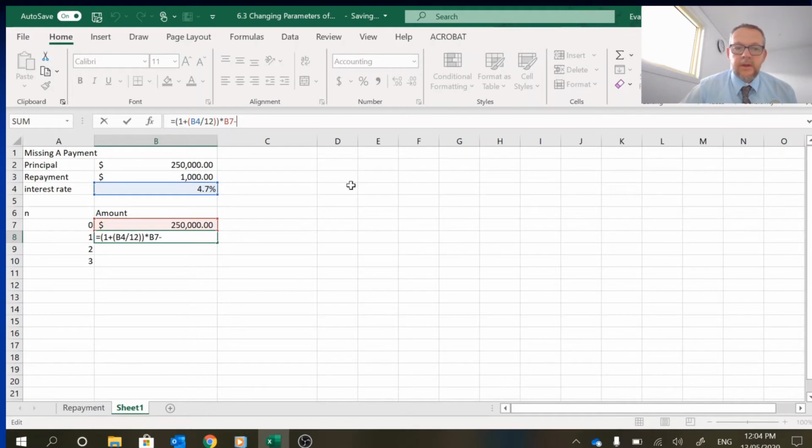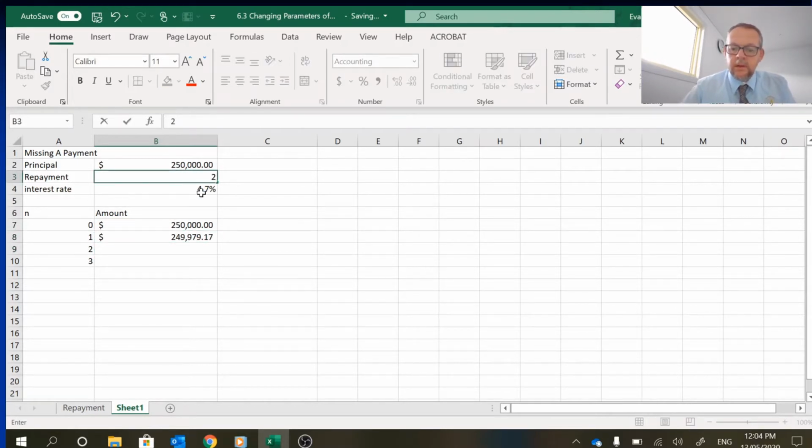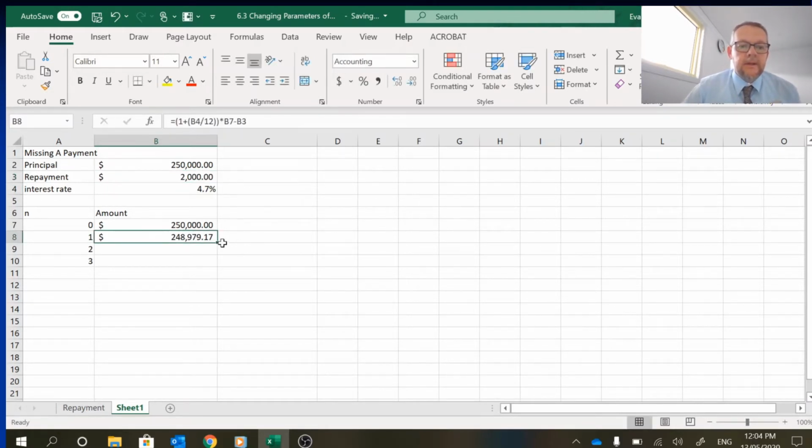So let's just say here's our repayment of $1,000. Let's change this to $2,000 a month, and we can see that that effect is working in nicely.